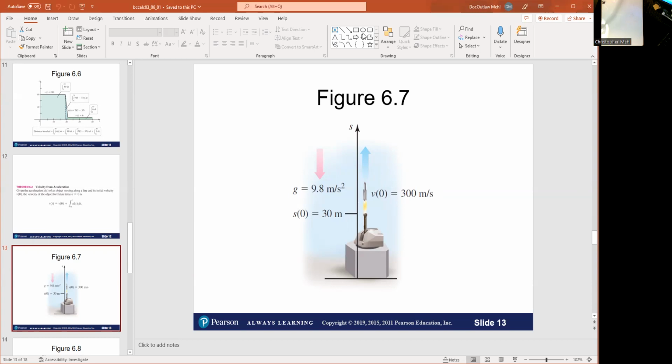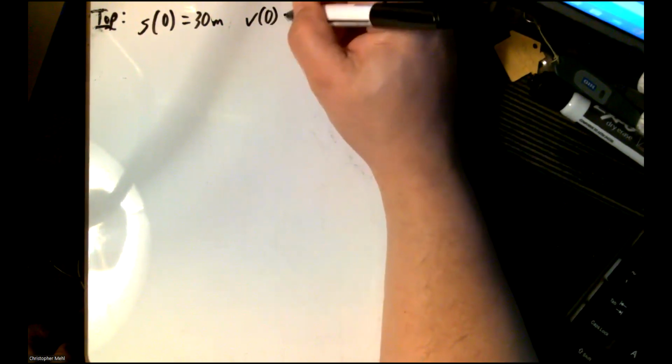So I know s of 0 is 30 meters. I know my initial velocity is 300 meters per second. And I know the acceleration is constant. So a of t is a constant negative 9.8 meters per second squared.